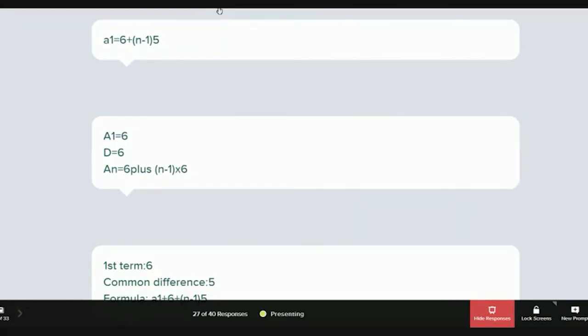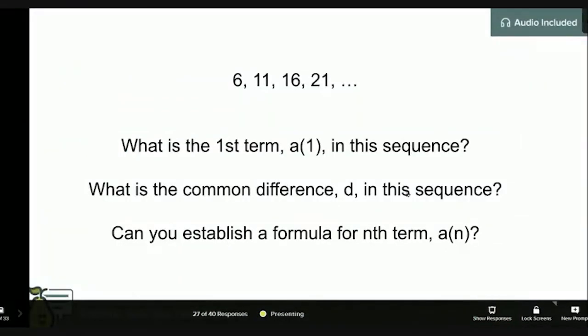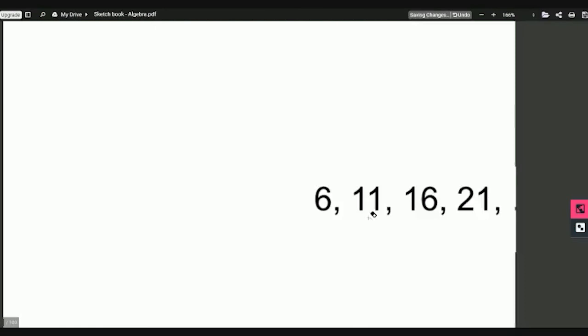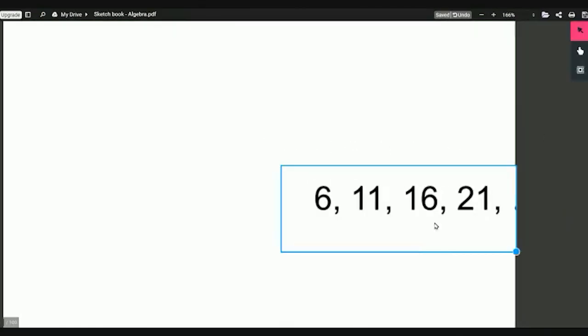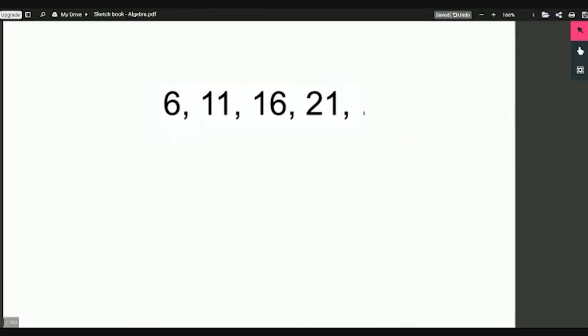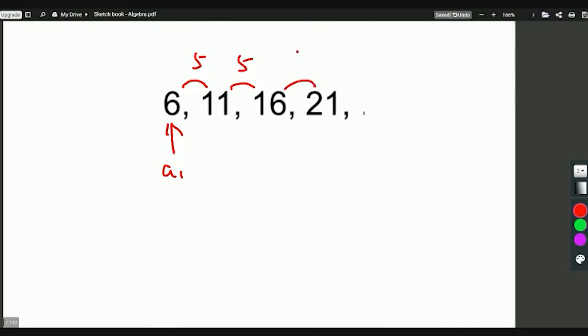Okay, really quickly. So this is our A1, and the common difference is 5, right?